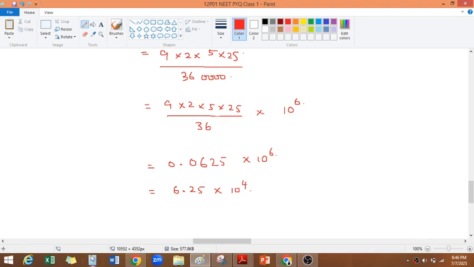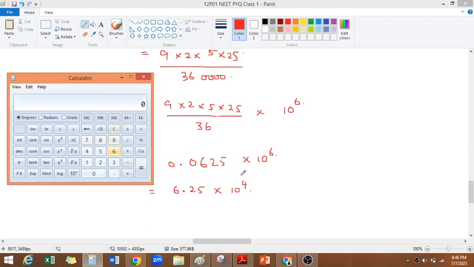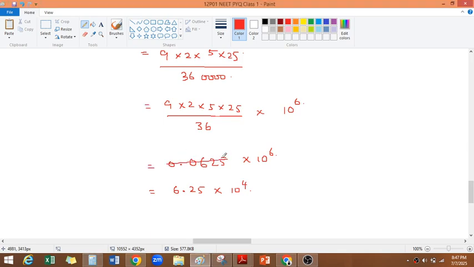Now what does this part alone come to? 9 into... Are you saying this including the 10 power, that it is 0.06? Yes, sir. Then it's even more simple a problem. Let's see. 9 into 2 into 5 into 25 divided by 36. 62.5 has come. So when 62.5 comes, it is 6.25 into 10 power 7.